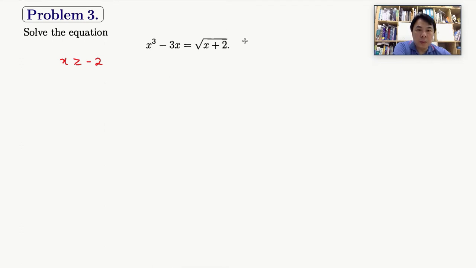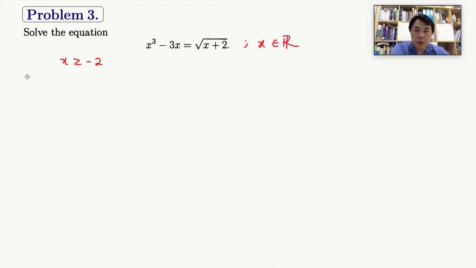Here we try to restrict it to real numbers. We are not trying to solve for any complex solution. So we know that x must be greater than or equal to negative 2 here, right?